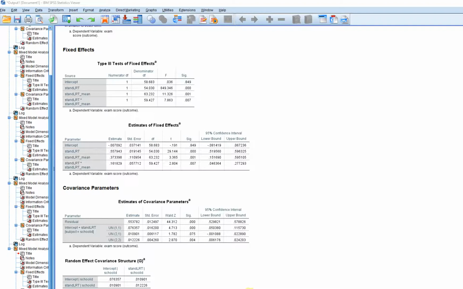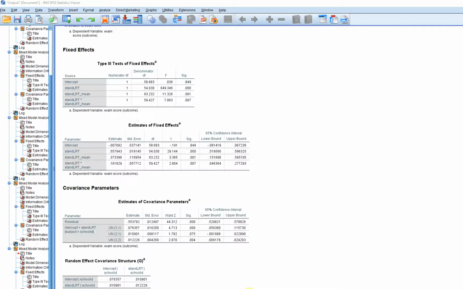Given that significant interaction, the next logical question is, can we plot the interaction, to get a visual idea about what's going on? Essentially what this means is that the relationship between the level 1 predictor and the dependent measure, exam score, the slope coefficient, is increasing by this amount for every 1 unit increase on the level 2 predictor.